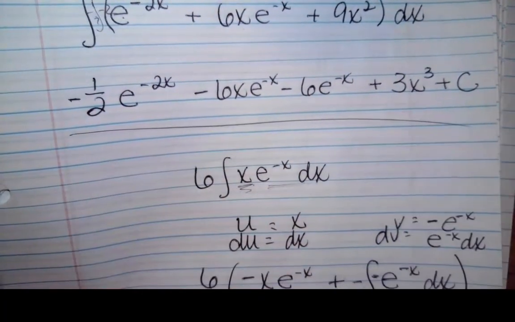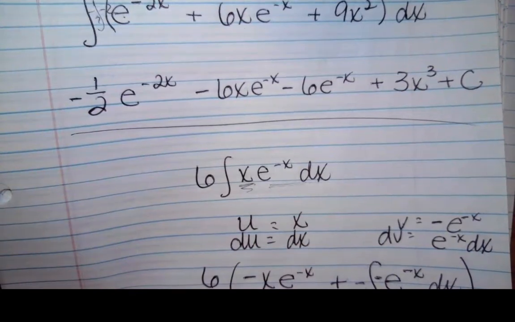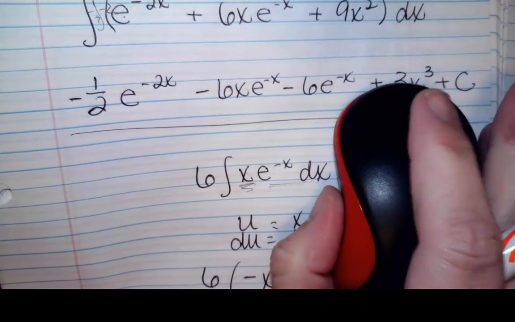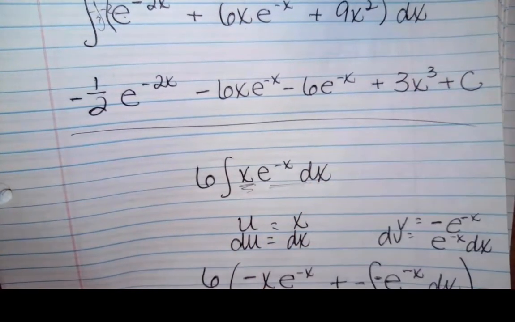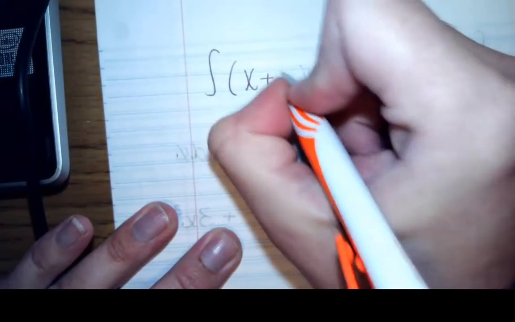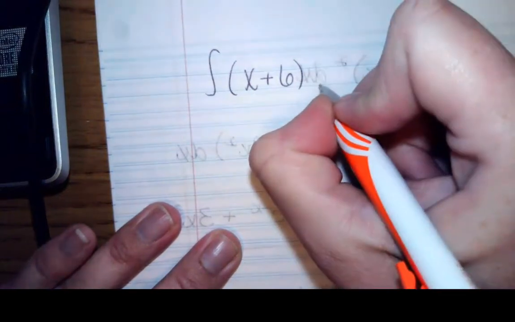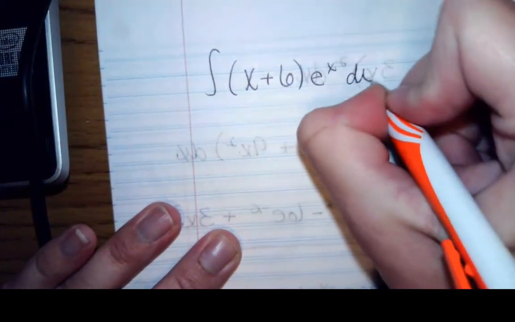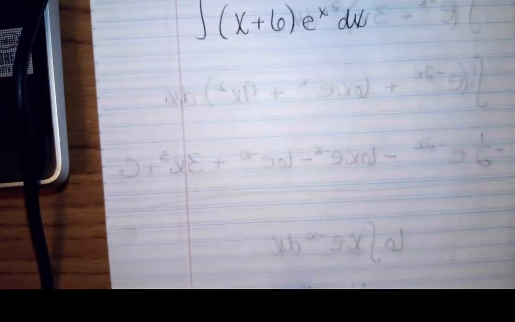Okay, this one. We've got time for a couple more in here, and then we'll have to go to a third video, sorry. So I've got the integral of x plus 6 times e to the x dx.